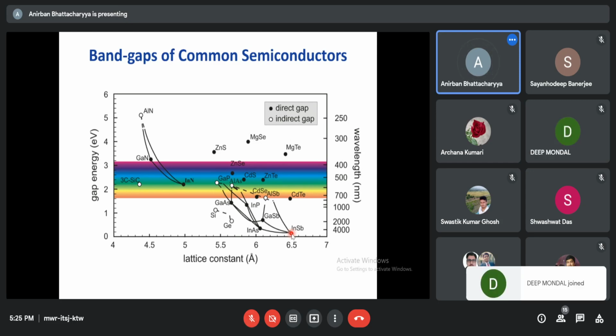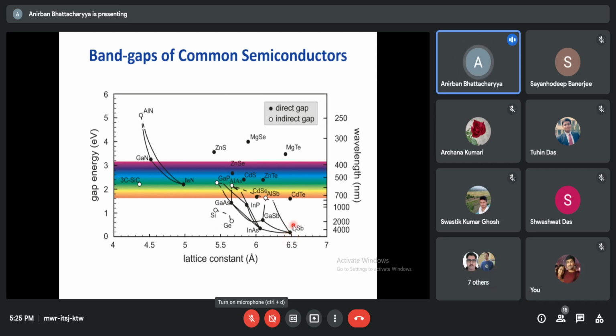So this has so narrow a band gap it can detect signatures from the human body. So all of these materials are used for night vision equipment.